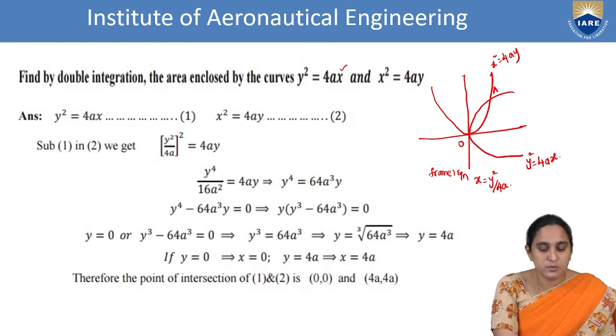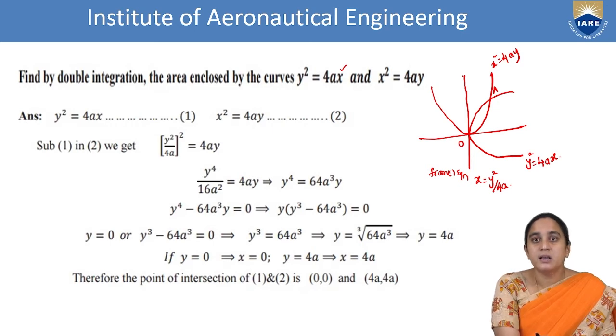Here y square whole square is y power 4 by 4a whole square, that is 16 a square, equal to 4ay. After substituting the first equation in the second one, it is completely converted in terms of y. That means we get the y limit points from these two equations.